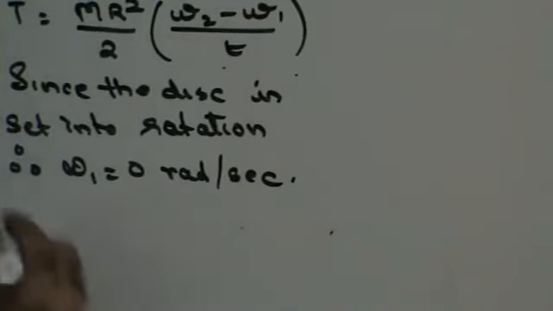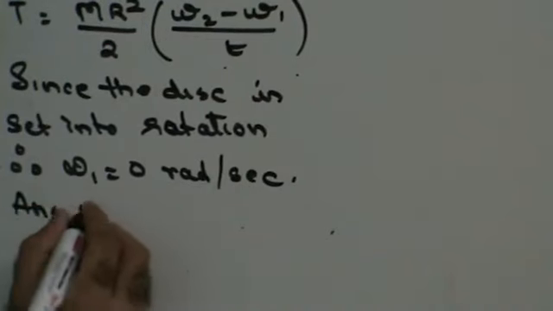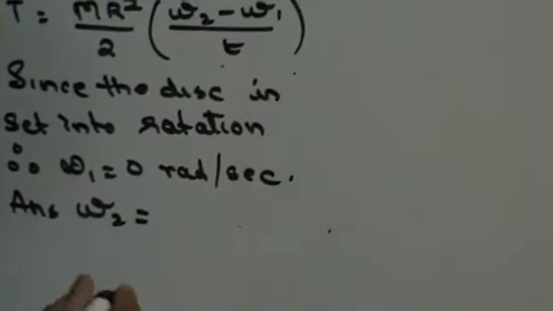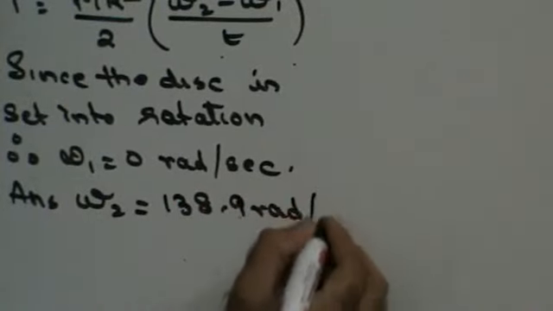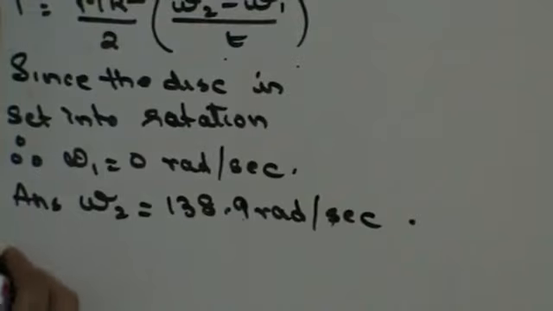So I know omega 1, I know mr, I know small t, omega 2 is the only unknown. You should be able to get the answer for this. Answer, omega 2 should be 138.9 radians per second. Next, take down the next one please.